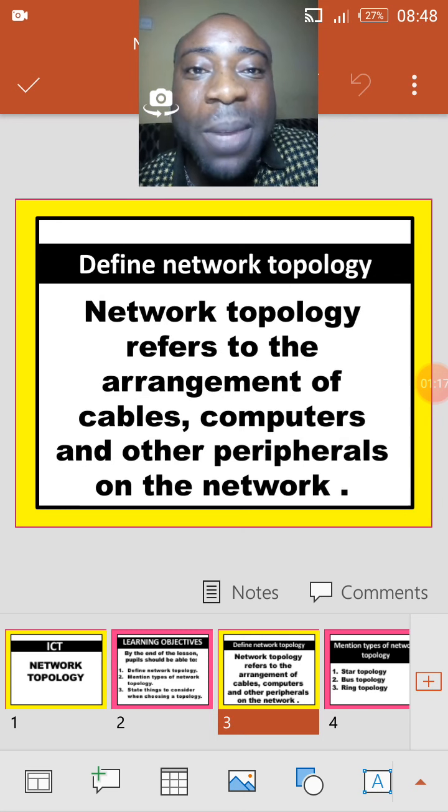So what do we mean by network topology? When you hear the word network topology, it refers to the arrangement of cables, computers, and other peripherals on the network. Let me give you a good example.